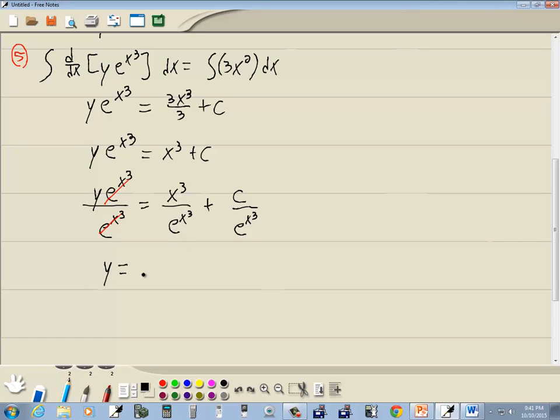So I'm going to take that e to the positive x to the third up to the top, and it becomes e to the negative x to the third. And same thing here. Now they don't do that with anything else, but if you got e to a power, then they seem to have no problem with doing that. And that'd be our answer.